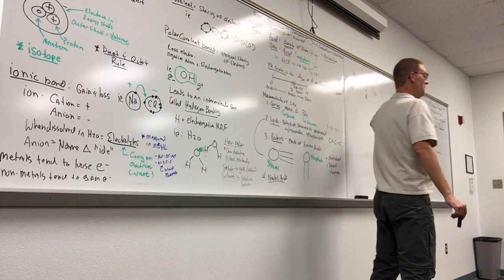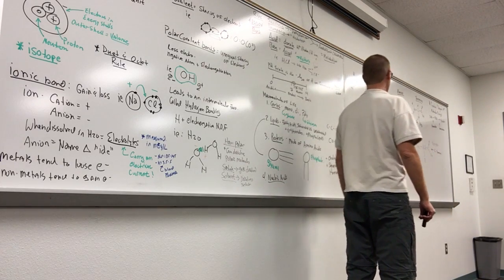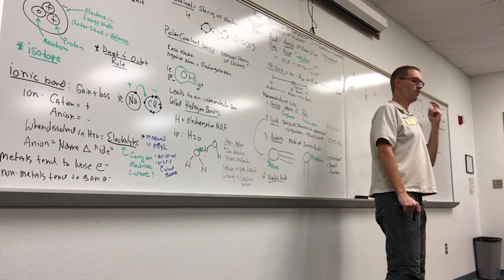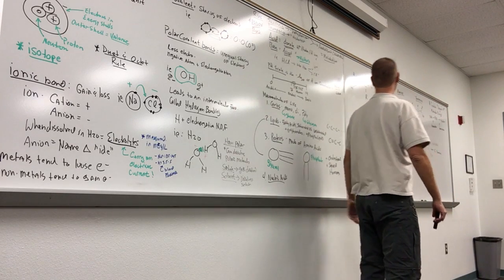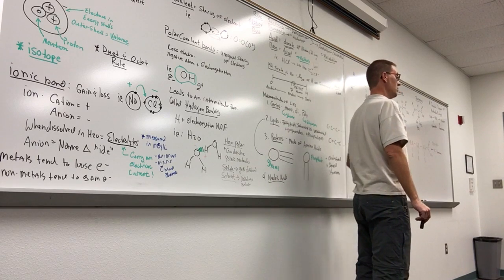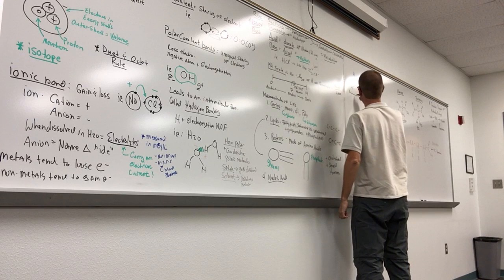So, the basic structure of an amino acid is as follows. It contains 3 important components, okay, and I've color-coded them for you. So the first important component of an amino acid is what's known as an amine group.